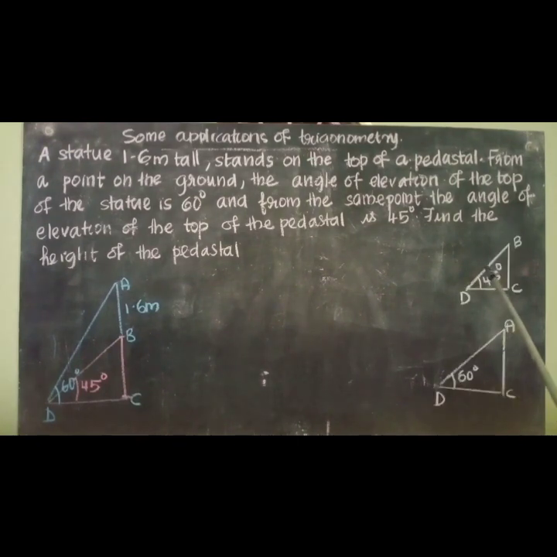The right triangles are triangle BCD with acute angle 45 degree and triangle ACD with acute angle 60 degree. The question is to find the height of the pedestal. Here the pedestal is BC. We need to find out the value of BC. Let us do the problem.